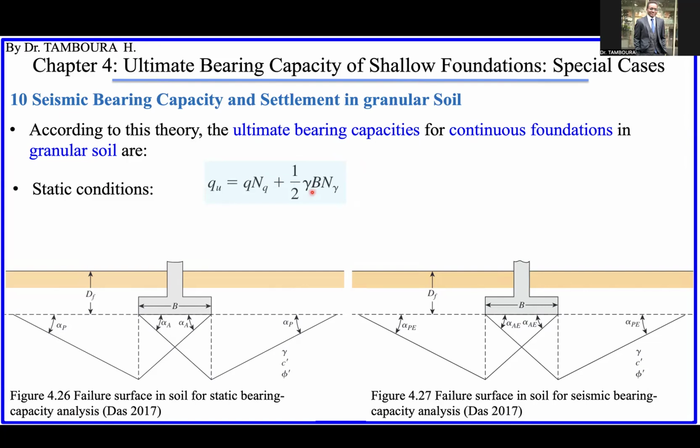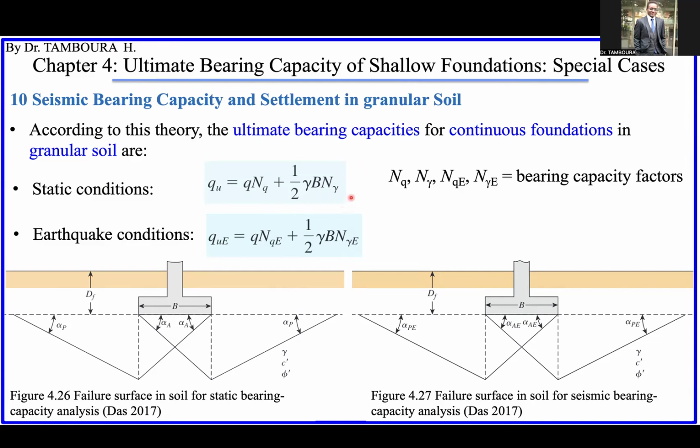And this is similar to all the previous equations in static condition we have seen before. Okay, and for the dynamic condition, earthquake condition, we have this equation. So you can see the bearing capacity factors are here.